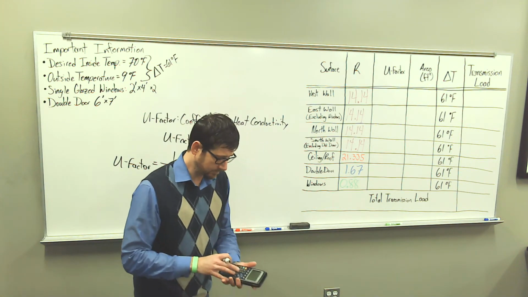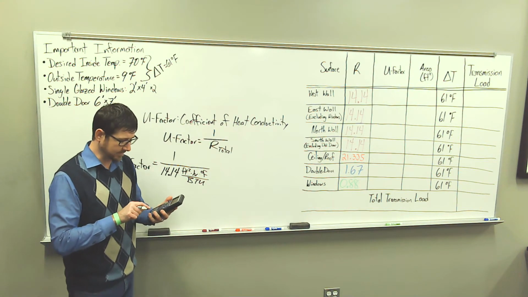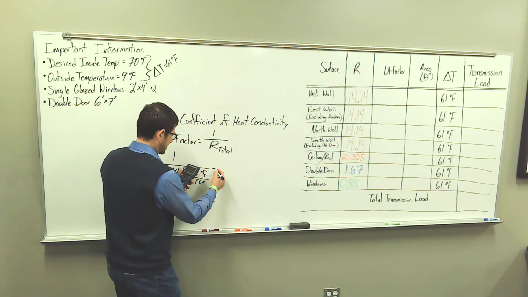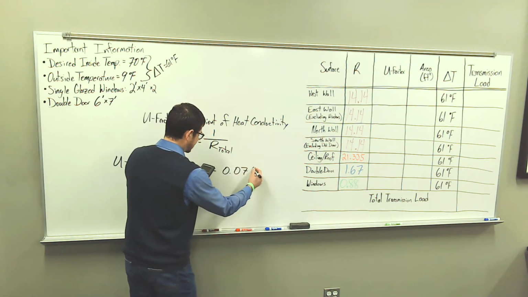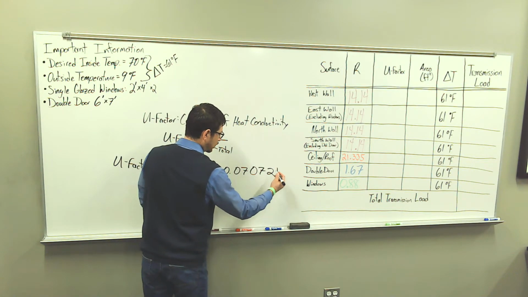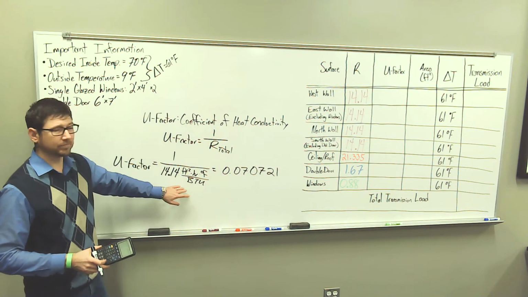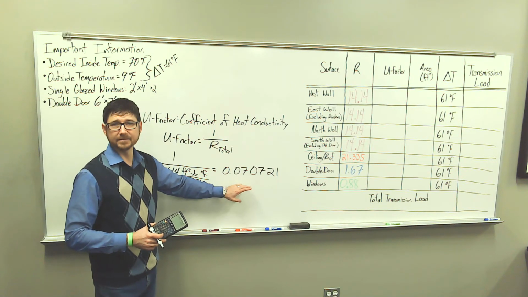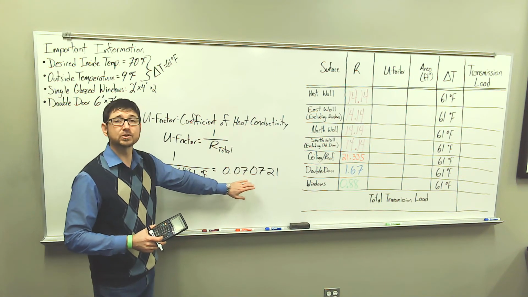So I have 1 divided by 14.14. This is going to give us 0.070721. And whenever we calculate U factor, we're required to truncate to the thousandths place.